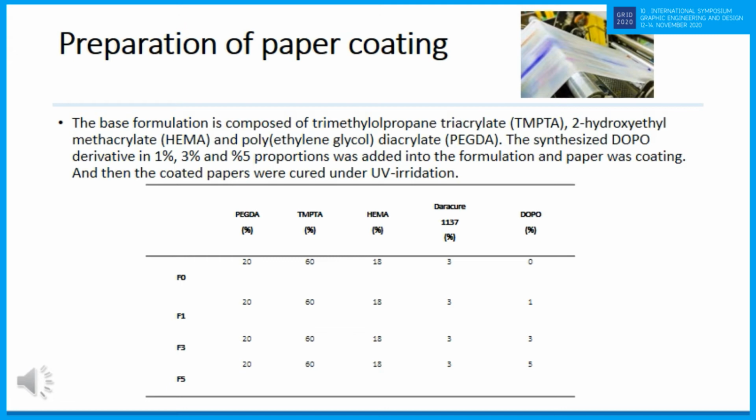The synthesized DOPO derivative in 1, 3 and 5% proportions was added into the formulation, and paper was coated. And then the coated papers were cured under ultraviolet irradiation.